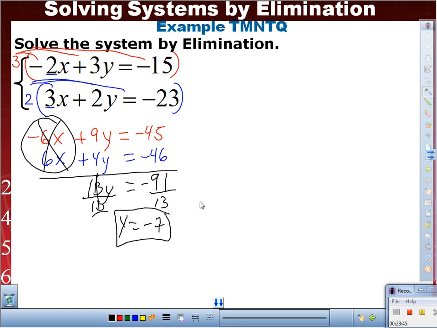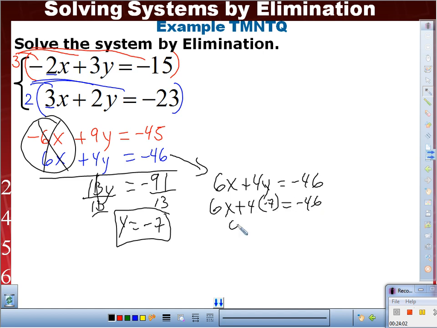So far so good? Take the second equation, 6x plus 4y equals negative 46, but instead of y, I'm going to substitute negative 7. 6x plus 4 times negative 7 equals negative 46. 6x minus 28 equals negative 46, plus 28 plus 28.